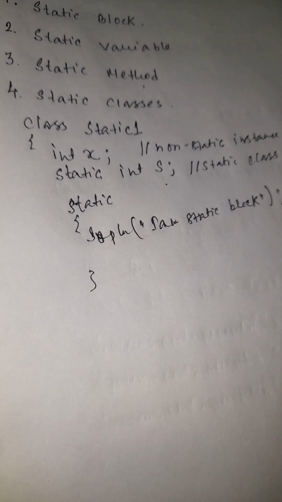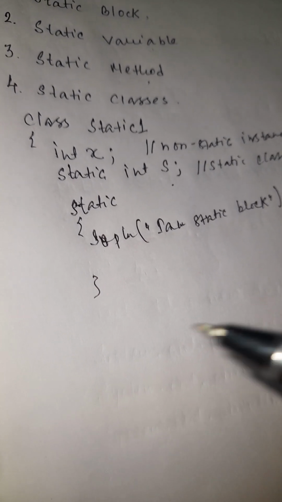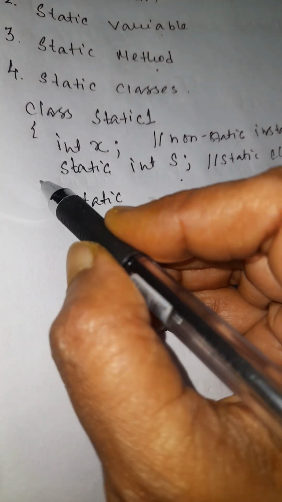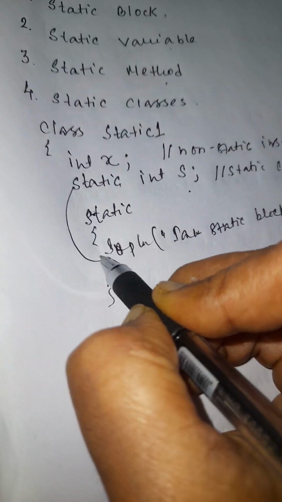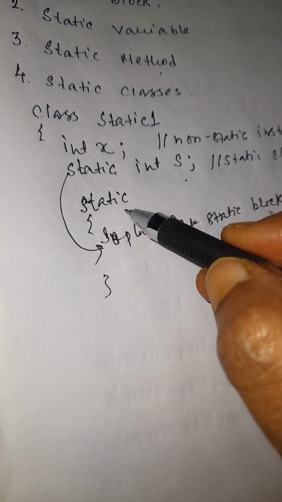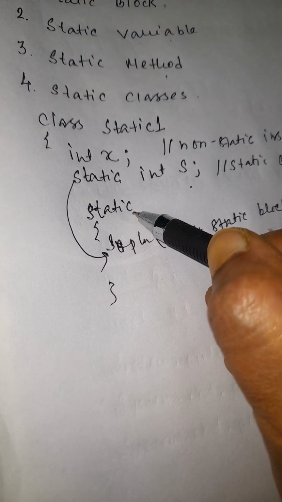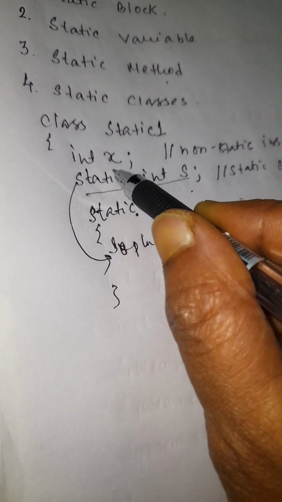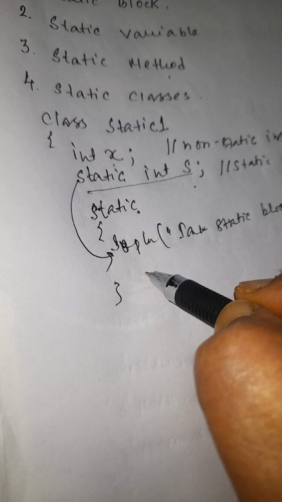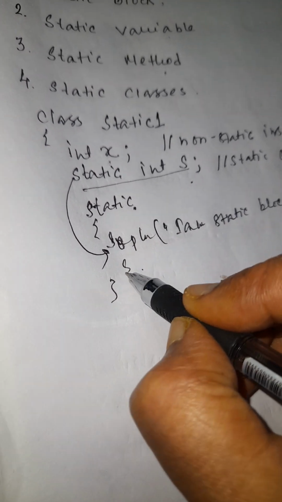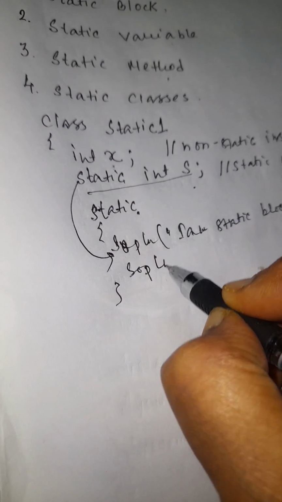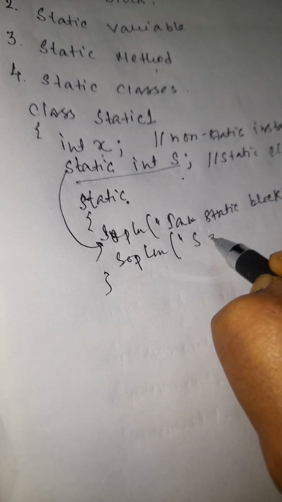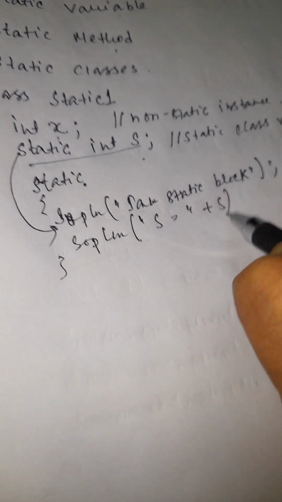Okay. If you want to print the variable, which variable you can print? Only the static variable, because static method or static block can access only the static variable, not non-static. Non-static you can't access within the static block. So here you can print only the SOPLN s equal to plus s.